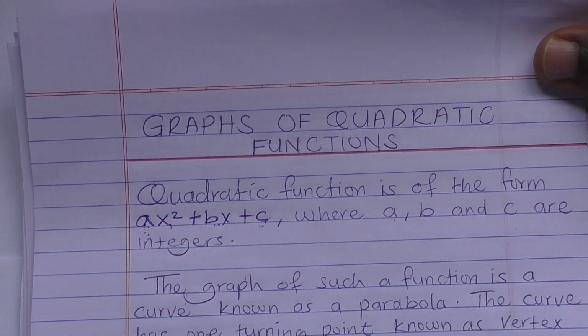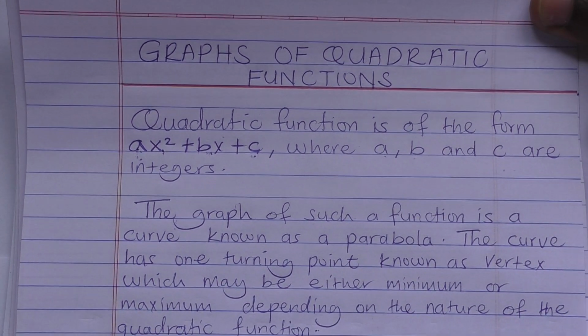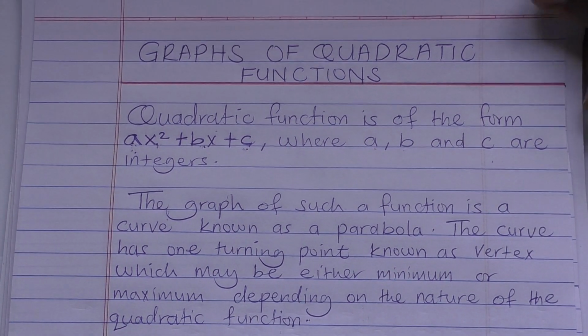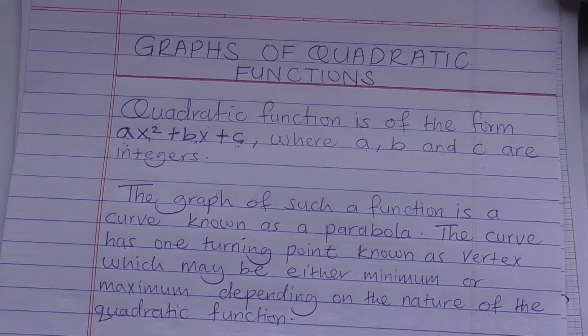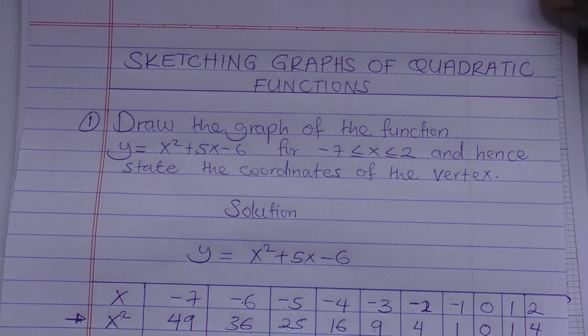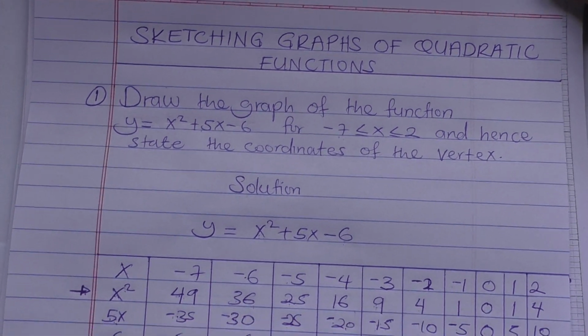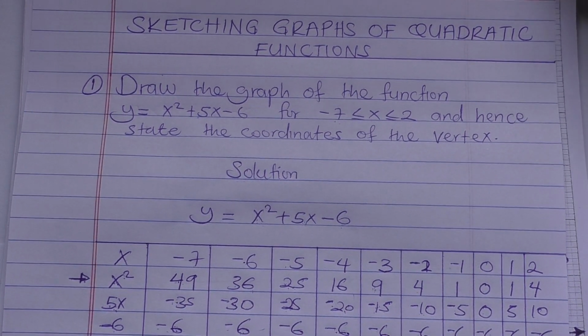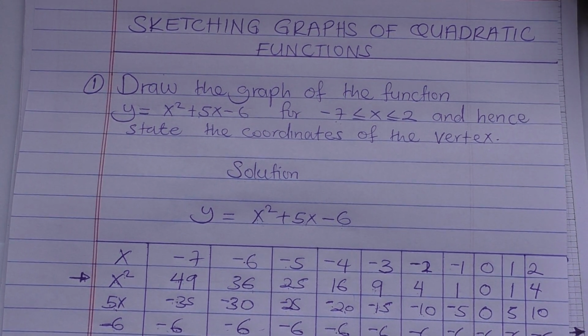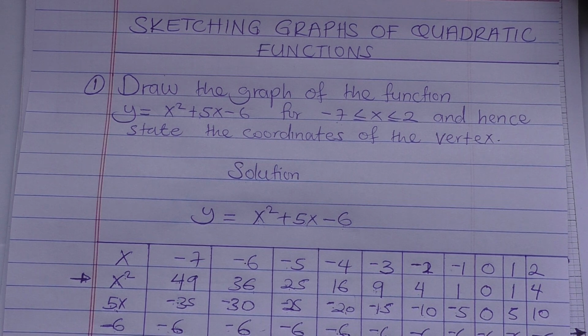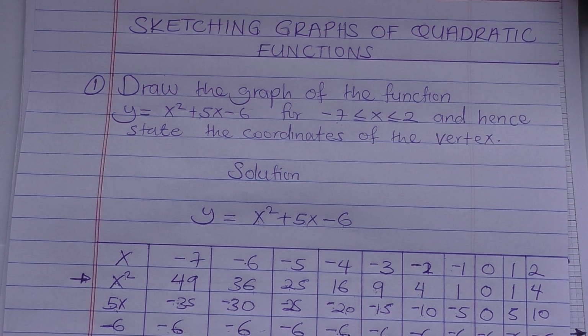After looking at the introduction of quadratic graphs, let us look at how we sketch these graphs. So we are looking at sketching graphs of quadratic functions. We shall look at the steps as we work out some examples together.